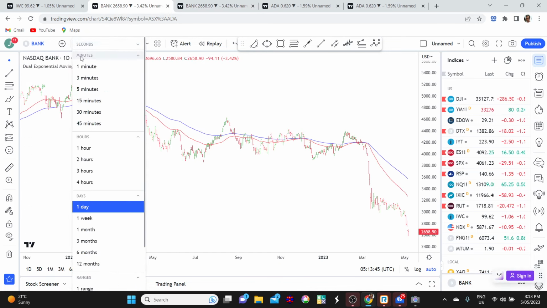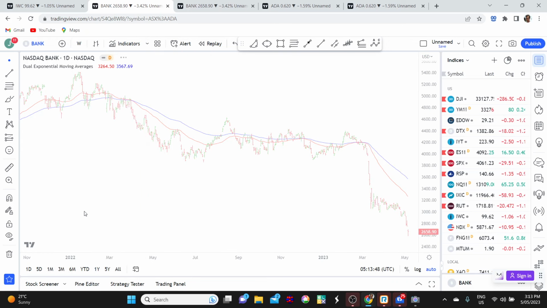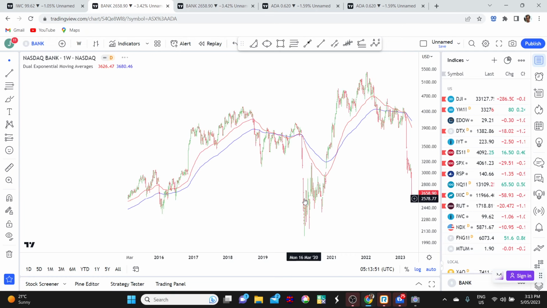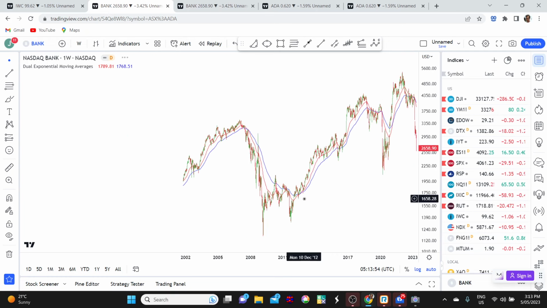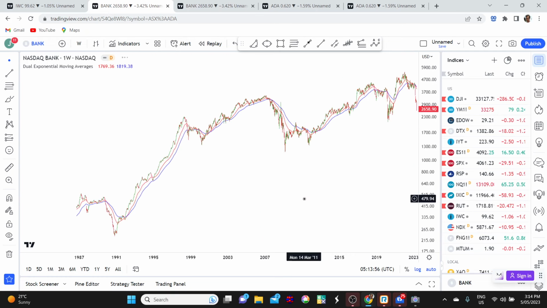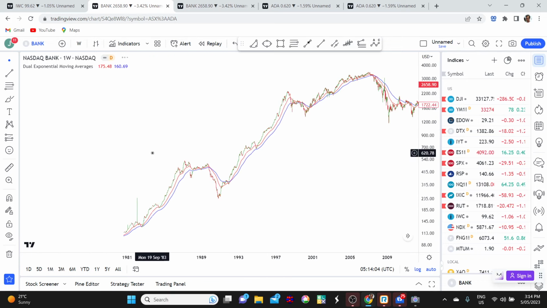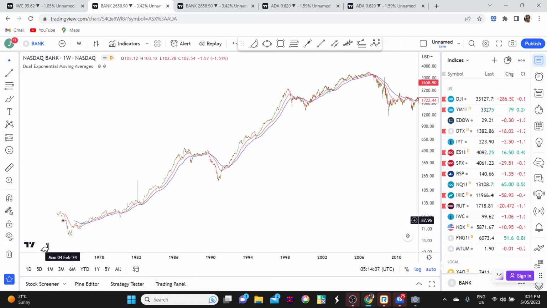And just briefly on this banking index, let's put it on a weekly chart, and let's put it on a log scale. This allows you to look at prices over time. And this data goes back to 1974. You can see it goes back to 1974.